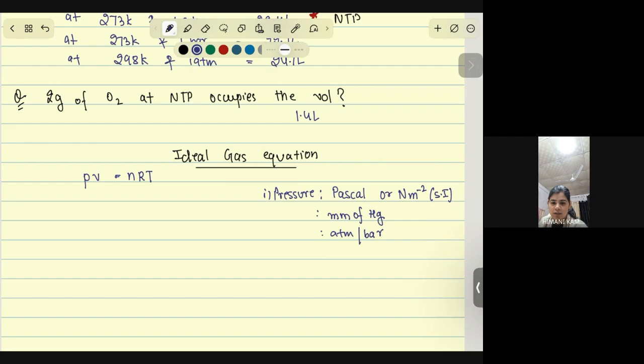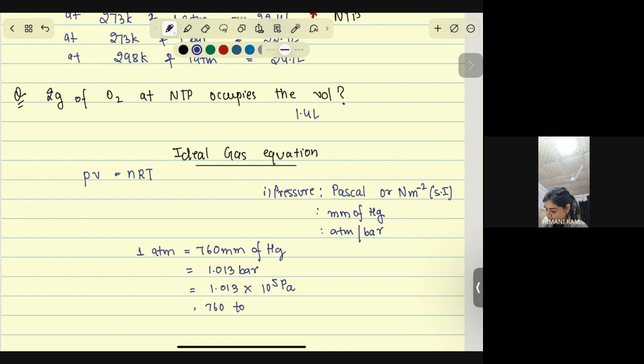These are the units for pressure. For 1 atm, we have 760 mm of Hg, 1.013 bar, or 1.013 into 10 raised to the power 5 Pascal, or 760 torr. Remember this. This will be very helpful for you.